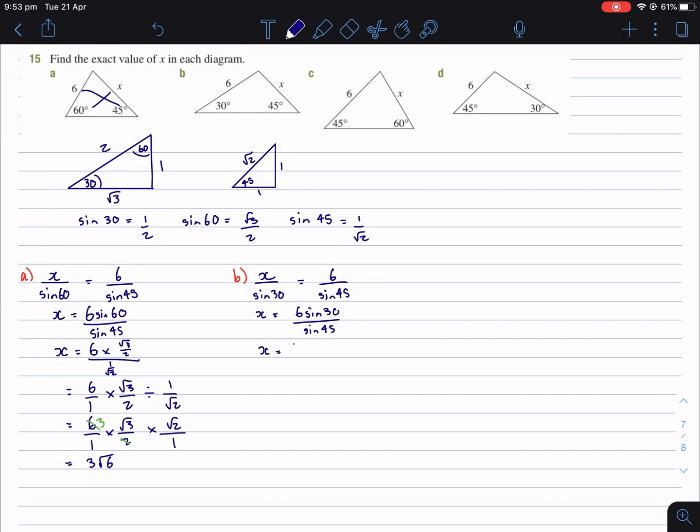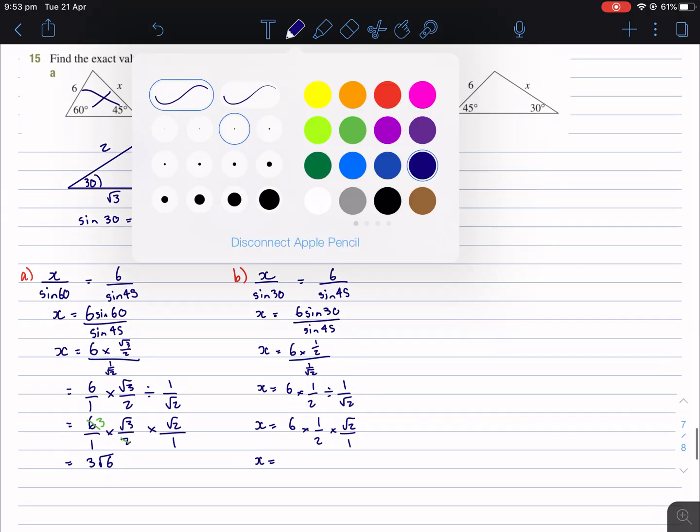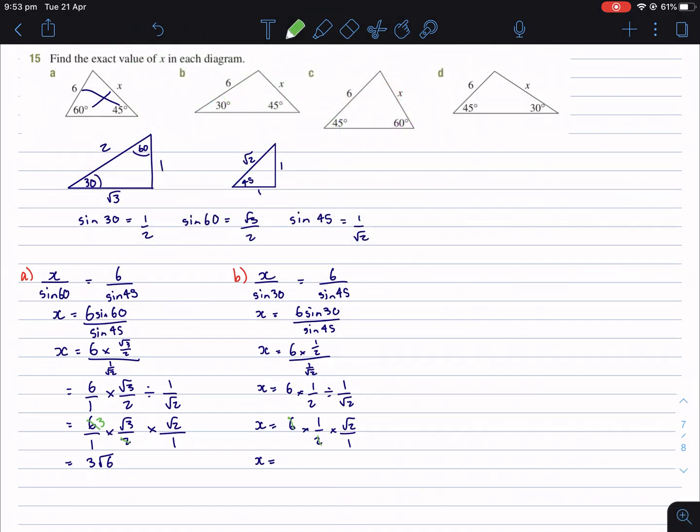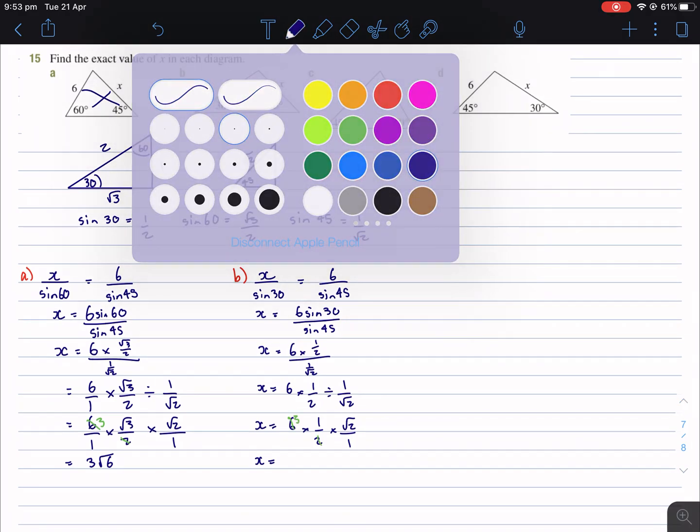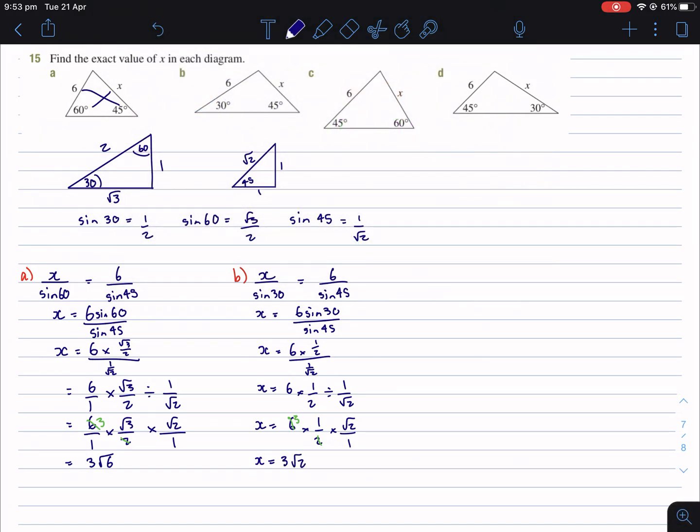Now that's going to come out as 6 times a half over 1 on root 2, which gives me 6 times 1 on 2 divided by 1 on root 2, 6 times 1 on 2 times root 2 on 1. And that cancels out to 3 and 1, 3 root 2.